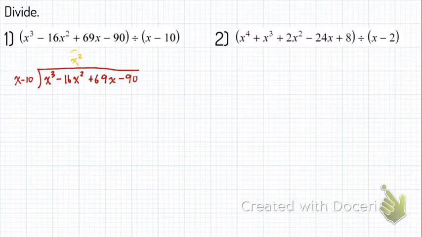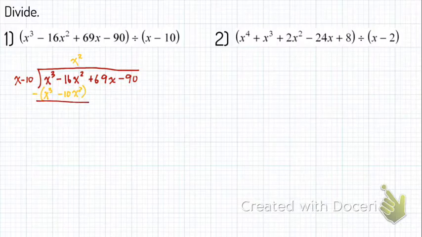Now I take x squared and I ask myself, what's x squared times x? Well, that is x cubed. Then I still have to multiply. What's x squared times negative 10? Negative 10x squared. Now I'm going to put parentheses around what I just did, and I'm going to put a minus sign because I have to do that.